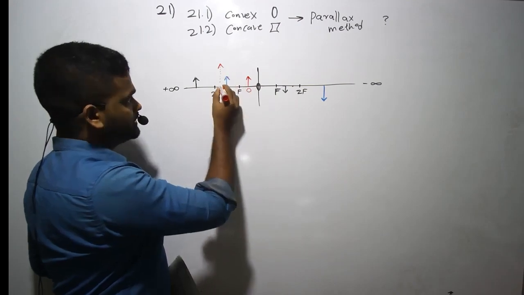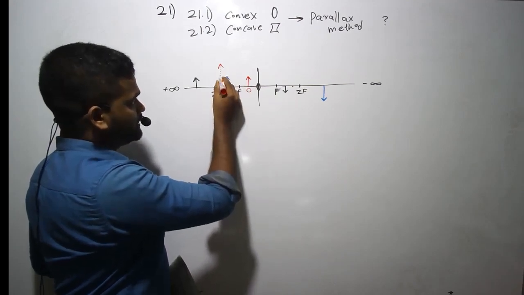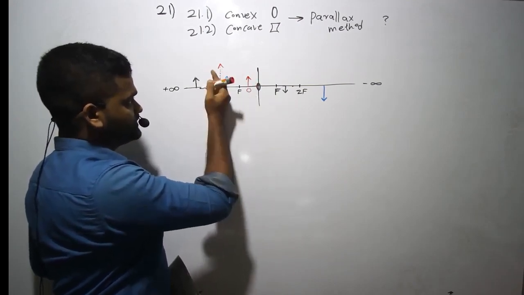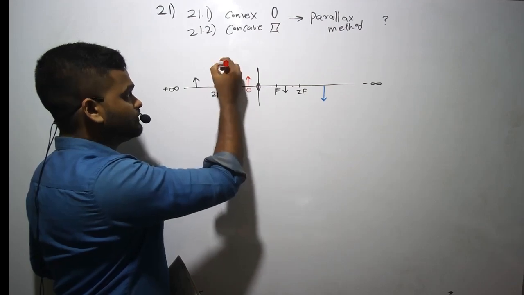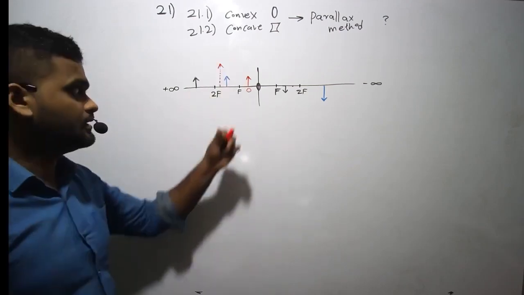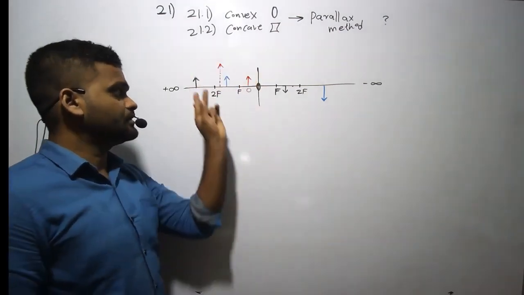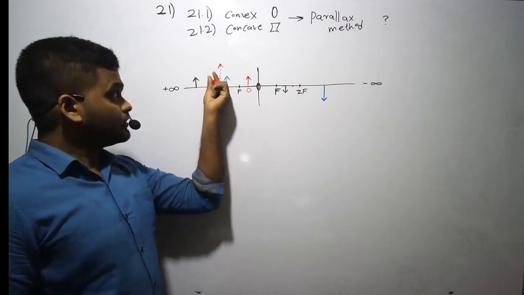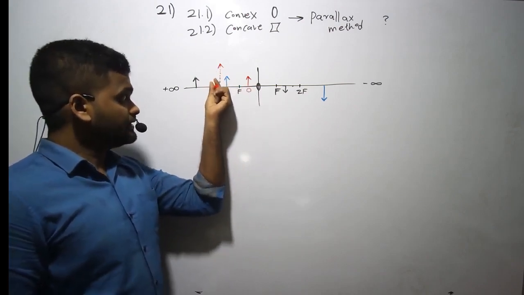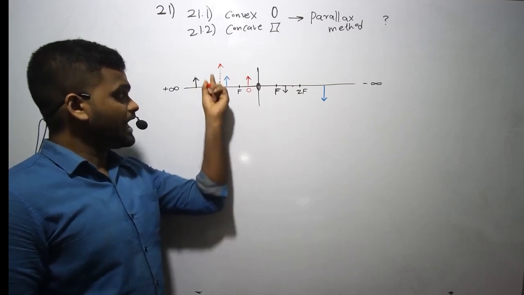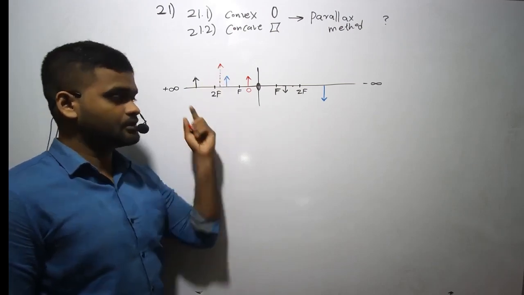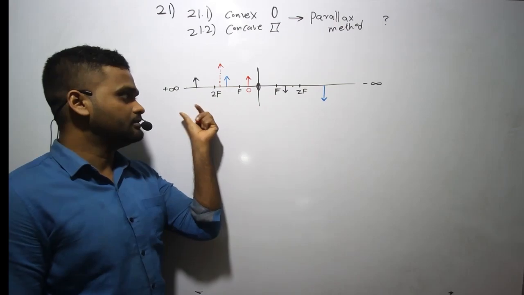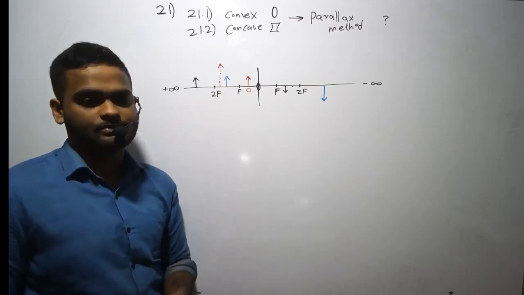It is not inverted because it is behind the object. It is a virtual image, right? Because the image is formed here, it is virtual. The rays are actually not going here. The size is larger. So from the theory, you need to have this basic understanding before doing the experiment.